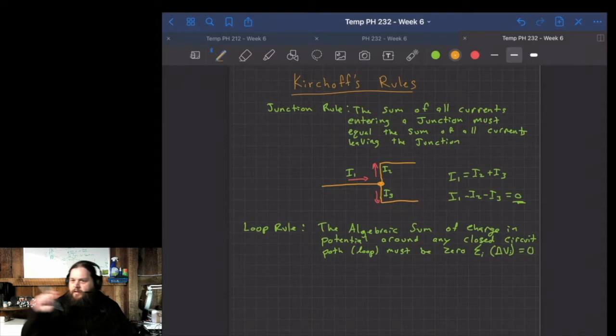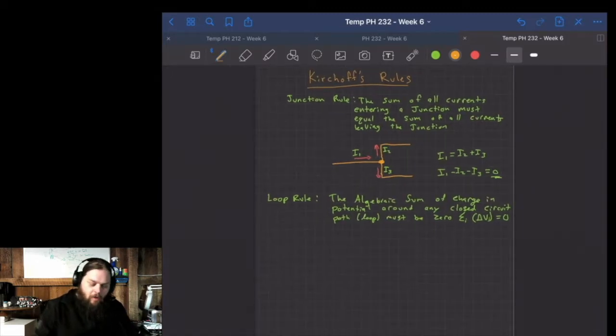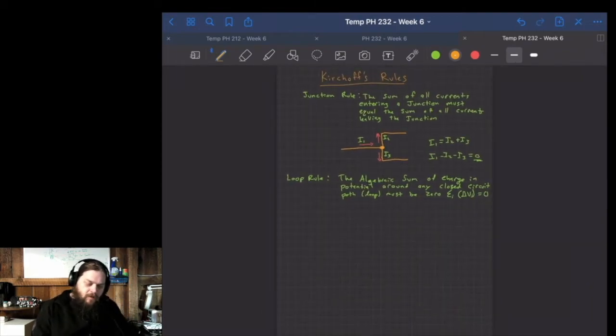So the current times the resistance gives you the voltage drop. As we go around those loops, the total voltage drop should equal the voltage source, so the sum equals 0 along any loop. And we'll go through a few examples going forward. But those are the two Kirchhoff's rules and laws.